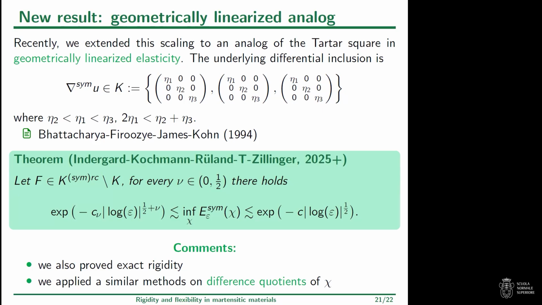This would take a bit of time to comment properly, but let's say that this Fourier method proved, not only with this result but also with other results that we got with Ancana later, to be a very solid theory, at least to go to symmetrized gradient models, so to geometrically linearized elasticity.